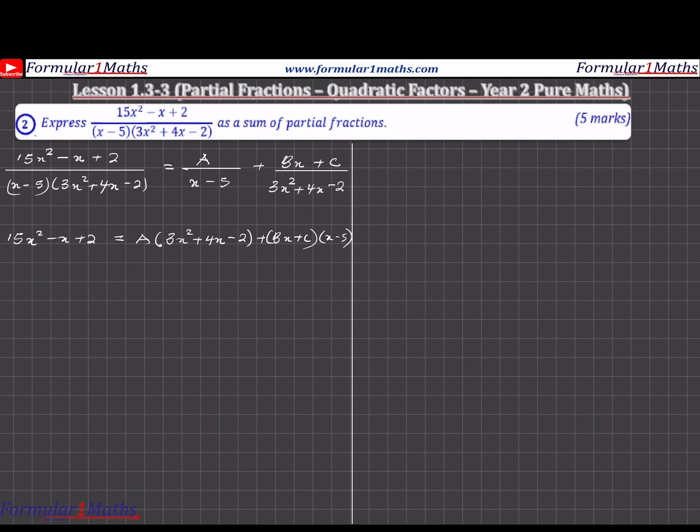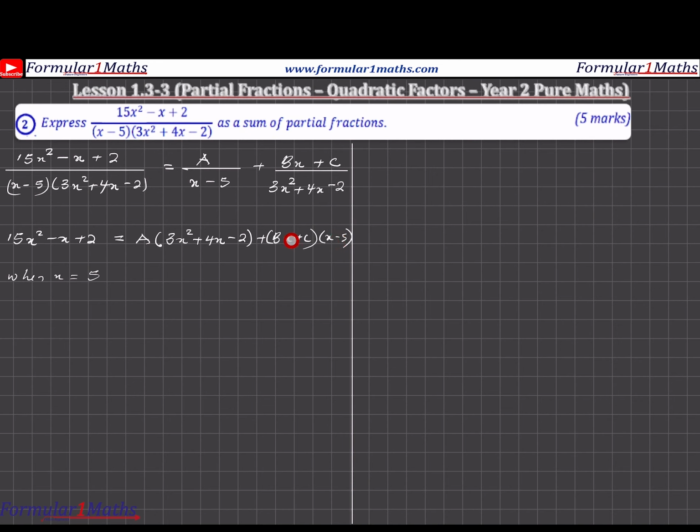And then I'll do my substitutions appropriately. And so first, let x equal 5. So when x equals 5, the whole of this term becomes 0 because 5 minus 5 is 0, and 0 times all that is 0.